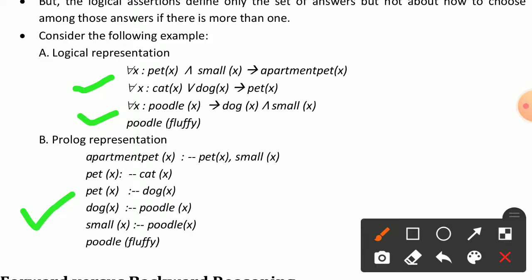In maths you can write the functions like this. So here we can use this representation in Prolog. So this is the example for logical representation and Prolog representation.